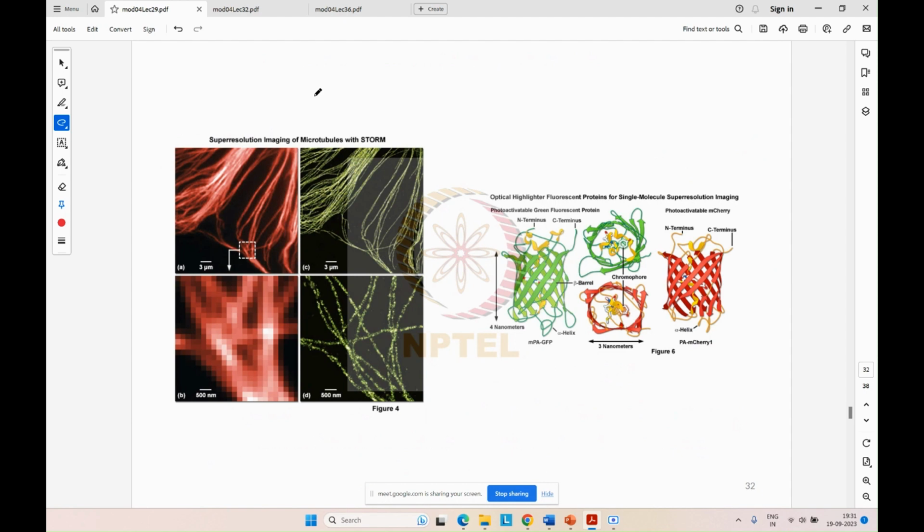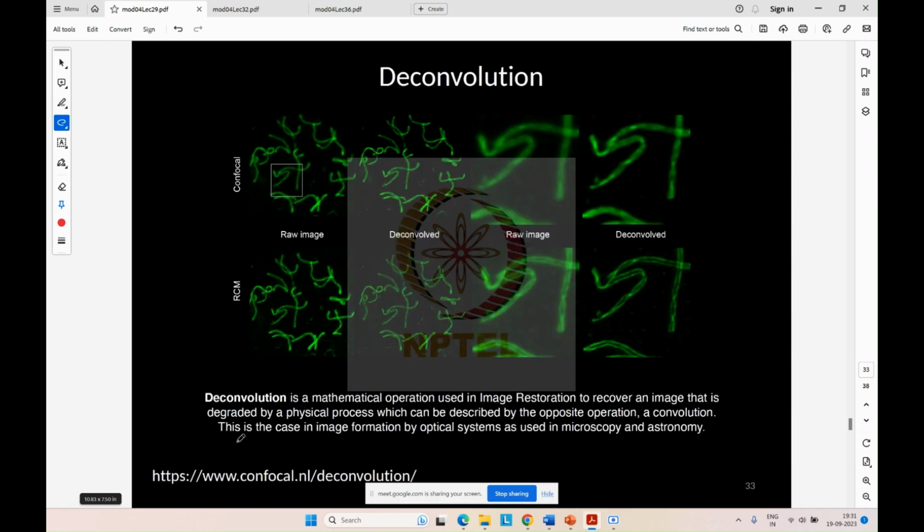Even with all of this, you would get very grainy results such as this, which you can process further, which is known as deconvolution. If this is your raw image, you process it, you do a Fourier transform, you can look it up, and you get a deconvoluted image basically.